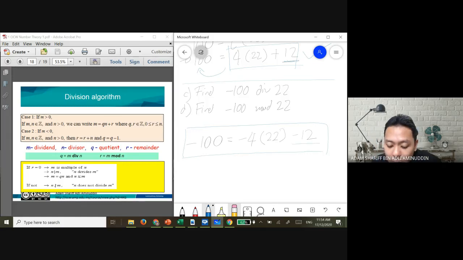So you need to process it. You need to add an additional step so that it can be correct such that the remainder is positive. So the way to do that is that saya modify kat sini: new R equals old R plus divisor.